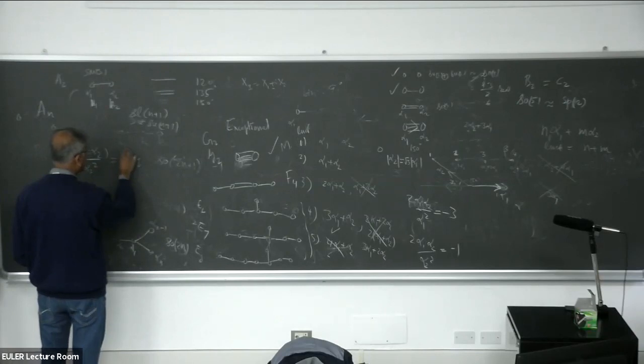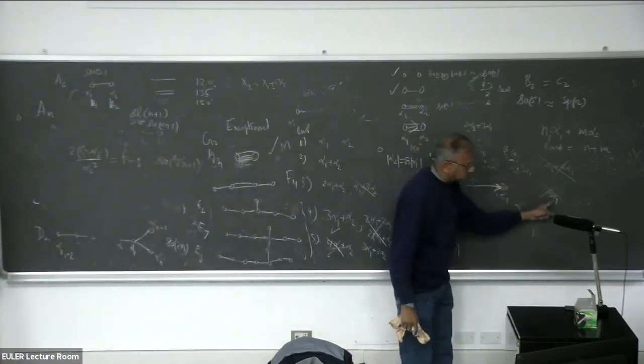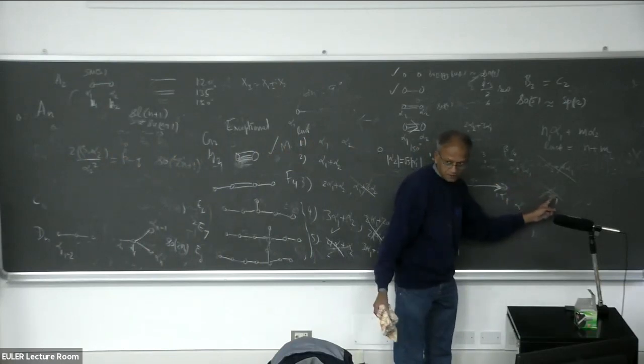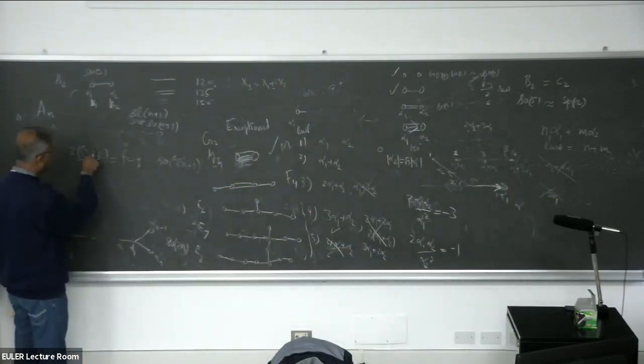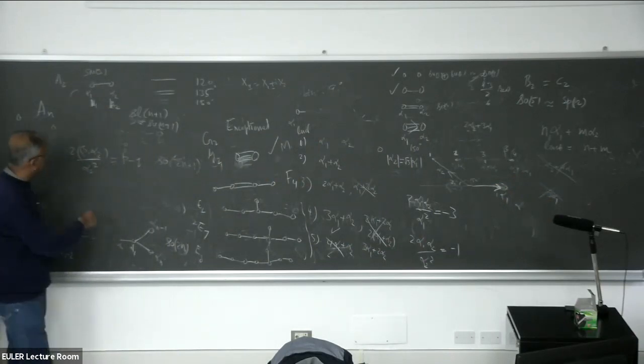But I know p is 0, because this guy is not there. If p was equal to 1, you should have this, but this is not a root. So whatever I calculate will immediately tell me what q is. So let's calculate that.